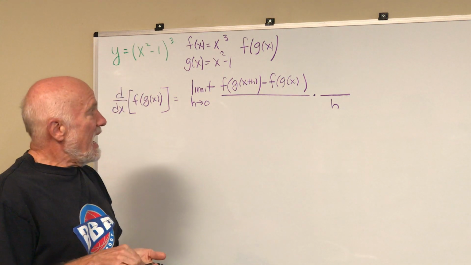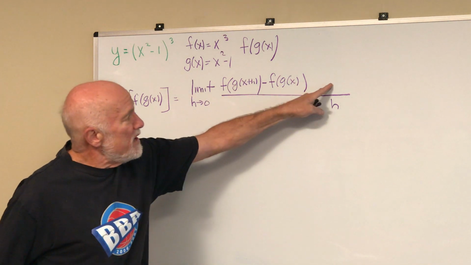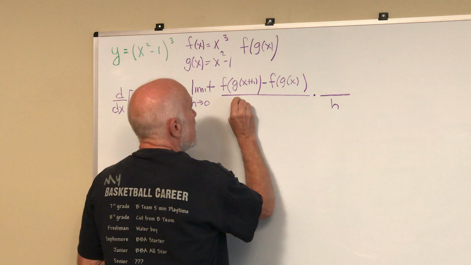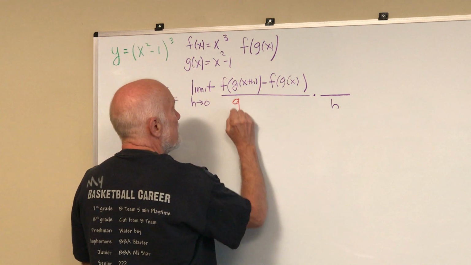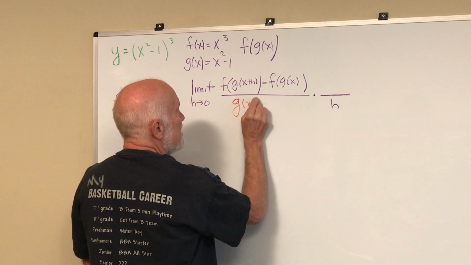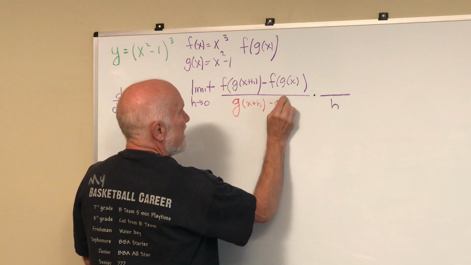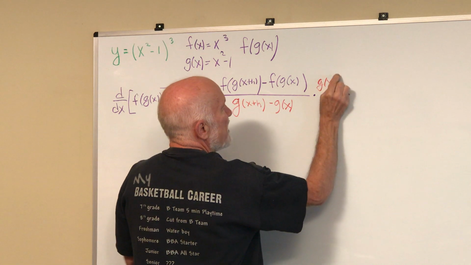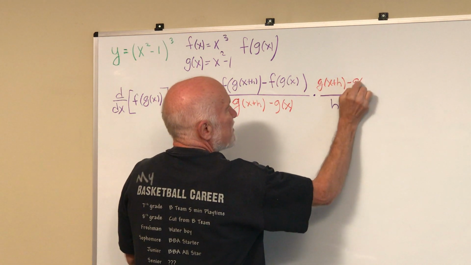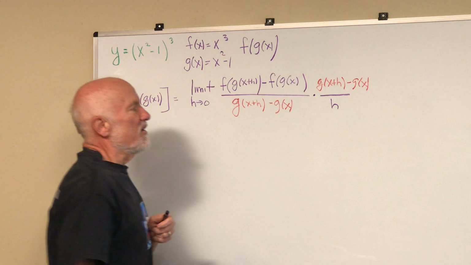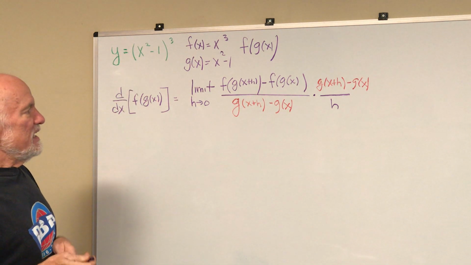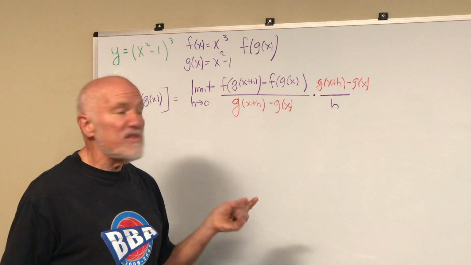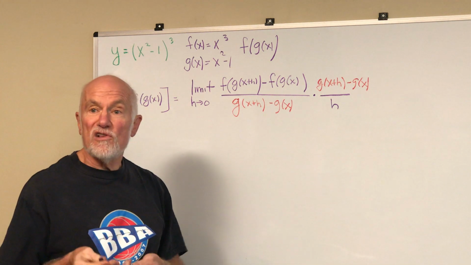And instead of putting a 1 here and a 1 here, I'm going to put g of x plus h minus g of x here, and g of x plus h minus g of x here. It may look more complicated, but it's going to be doing something for us. And all I really did was multiply by 1, which is a legal thing to do.